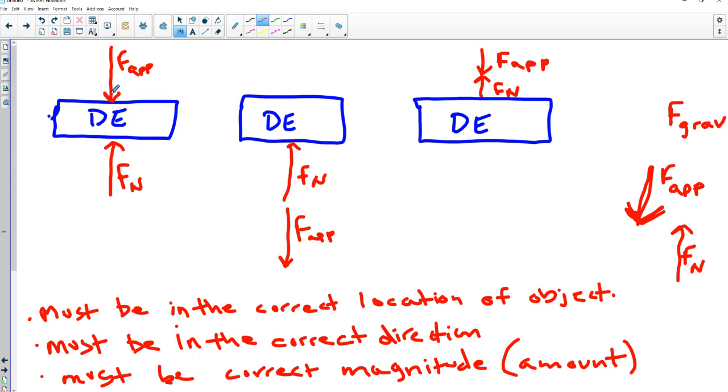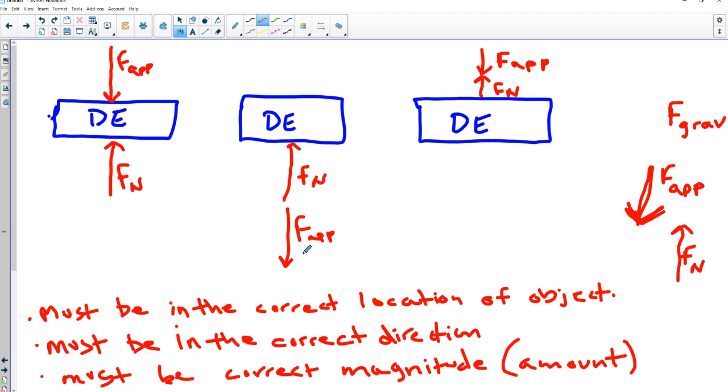So my arrows are equal because the book's not moving, right? What's pushing up is the same amount as what's pushing down. Well, let's think about why this one's correct. Does it meet these three rules? Are these all in the middle of the object? Yes. Must be in the correct direction. Is the normal force pushing up on the object? Yes. Do I have that labeled? Yes. Is the applied force the force of gravity?